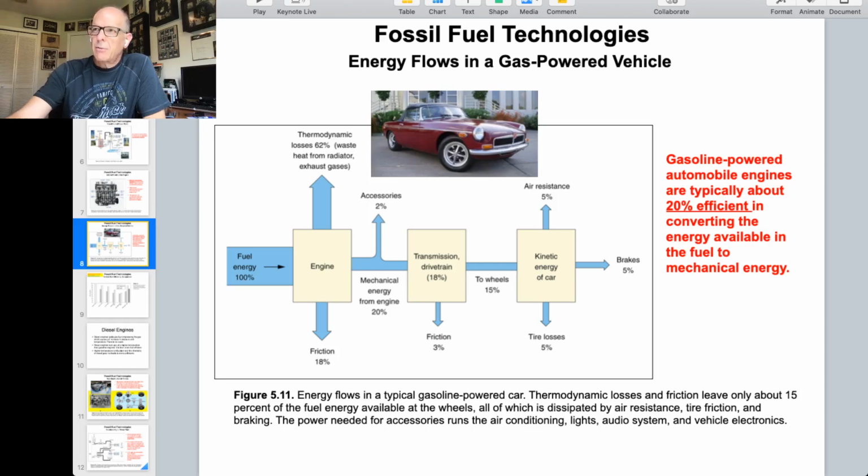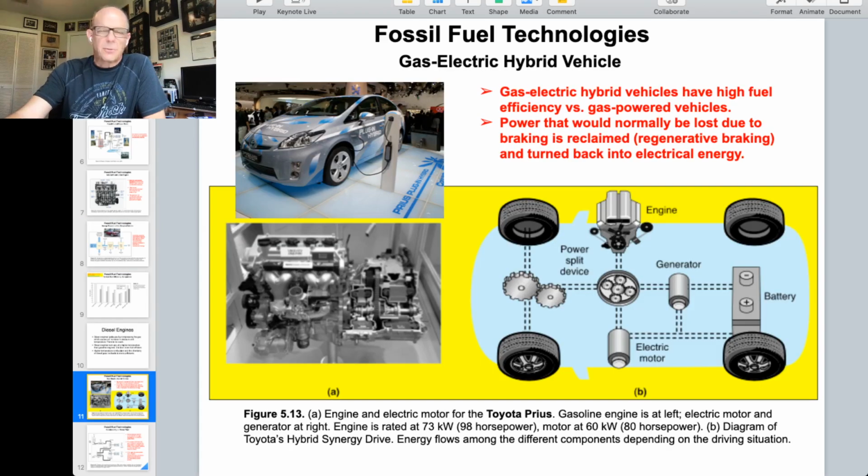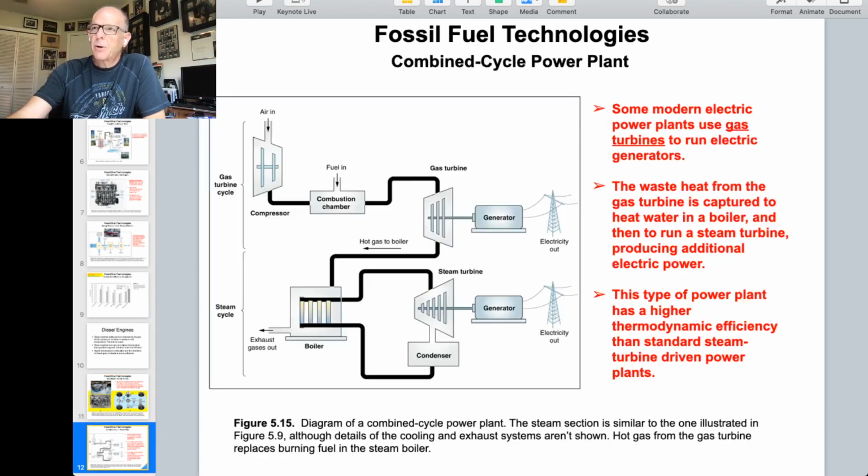So the hybrid vehicles are capturing some of these other losses of energy and recycling them back into a battery that helps improve the fuel efficiency. And then, of course, there are pure electric cars.